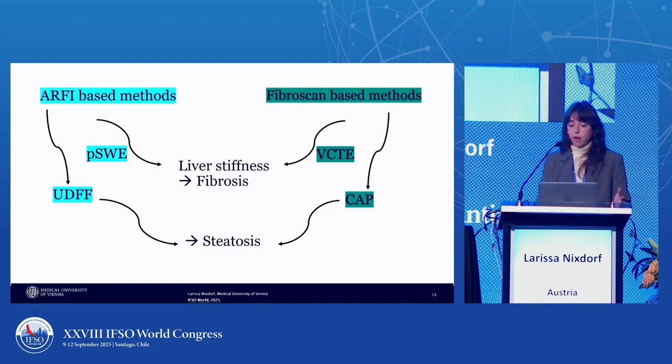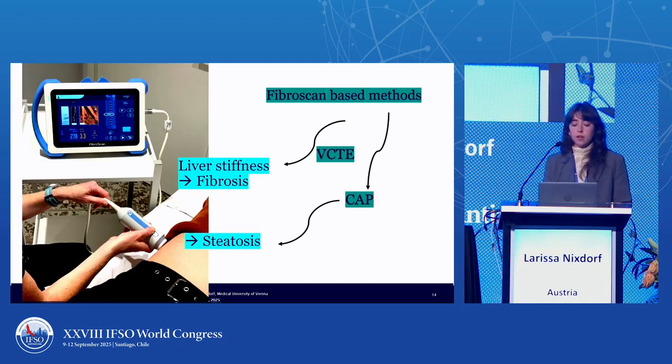So we already know the FibroScan. This is based on vibration-controlled transient elastography to assess the liver stiffness, and the controlled attenuation parameter, where you can measure the attenuation of your ultrasound signal, the ultrasound wave, to assess steatosis. Here is a picture of a FibroScan exam.